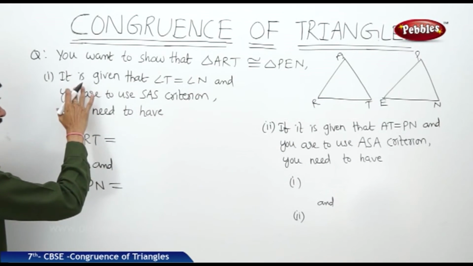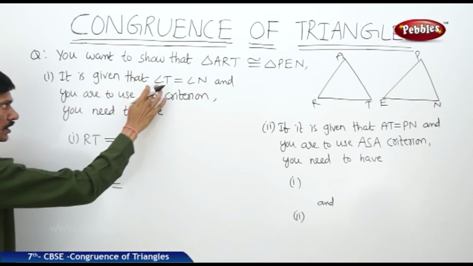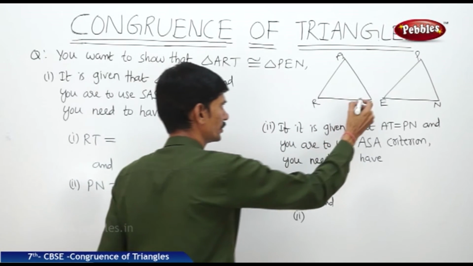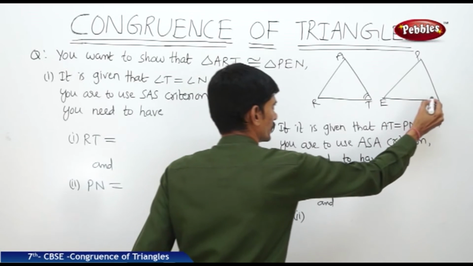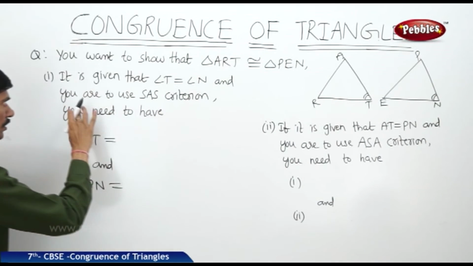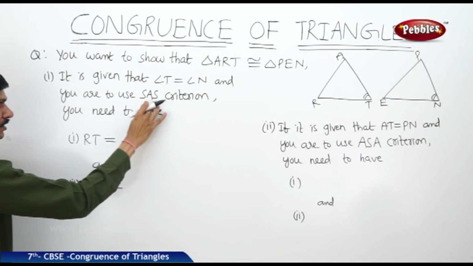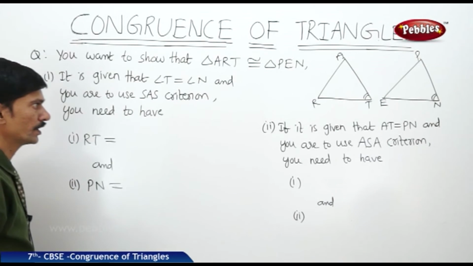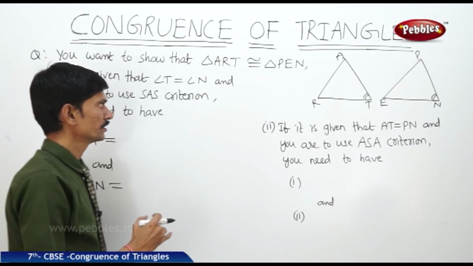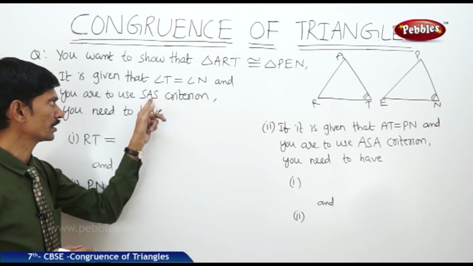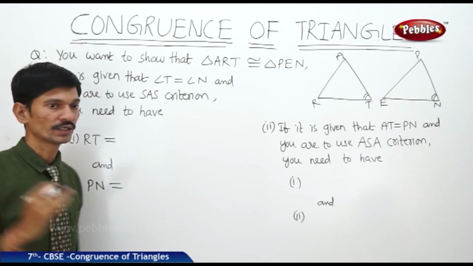In the first question, it is given that angle T equals angle N. So let us mark here angle T equals angle N, and you are to use the SAS congruence criterion. Then you need to have, when we consider the SAS congruence criterion, this angle must be the included angle.